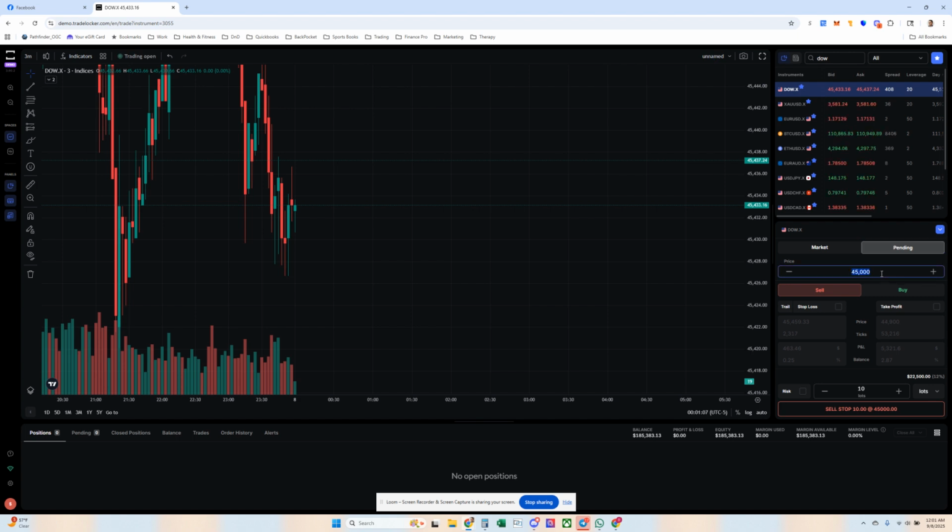If it's 45433.16 and the take profit is 45436.74 on a buy, okay, so yes, it's ticks. On a one lot, it's $3.58. So the spread is measured in ticks.